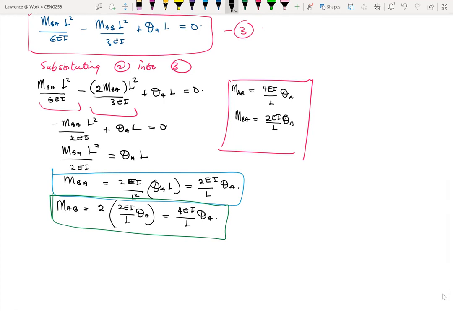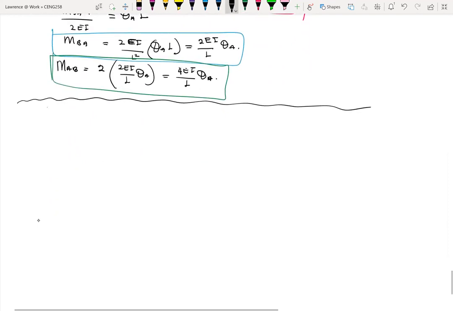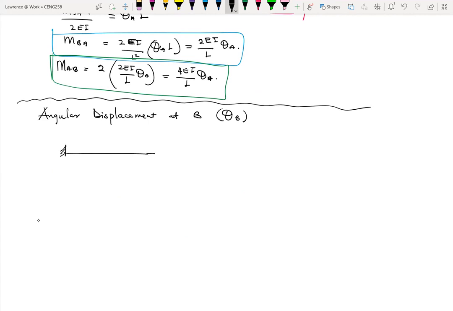The next thing to look at will be the angular displacement at B, which is theta B. To have a beam experiencing only that, we need a structure which undergoes only rotation at point B. So this is A and this is B. We still have moments MAB and MBA.